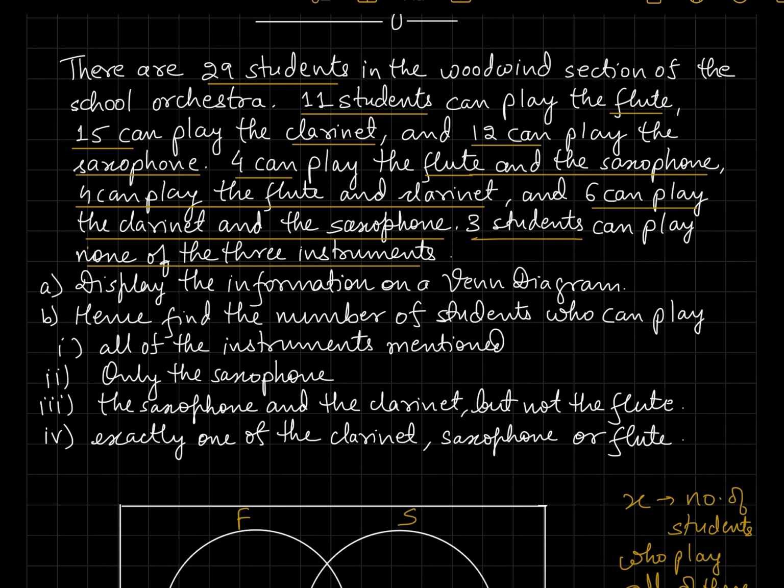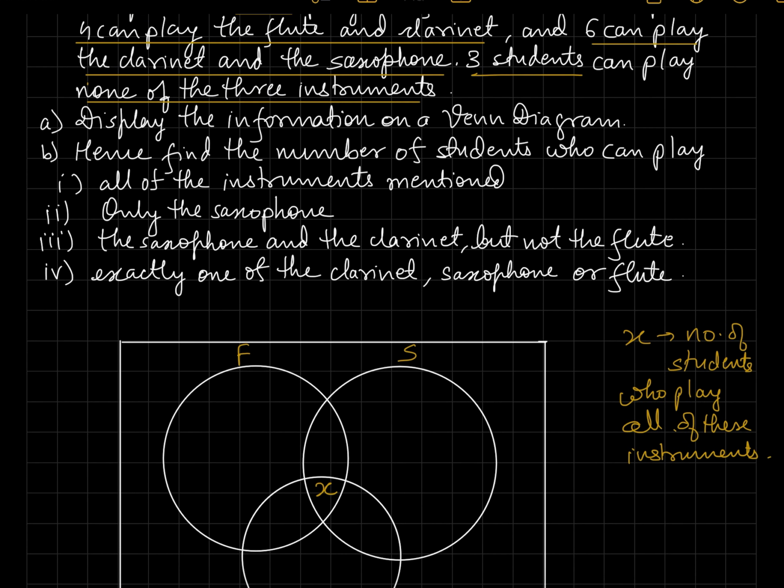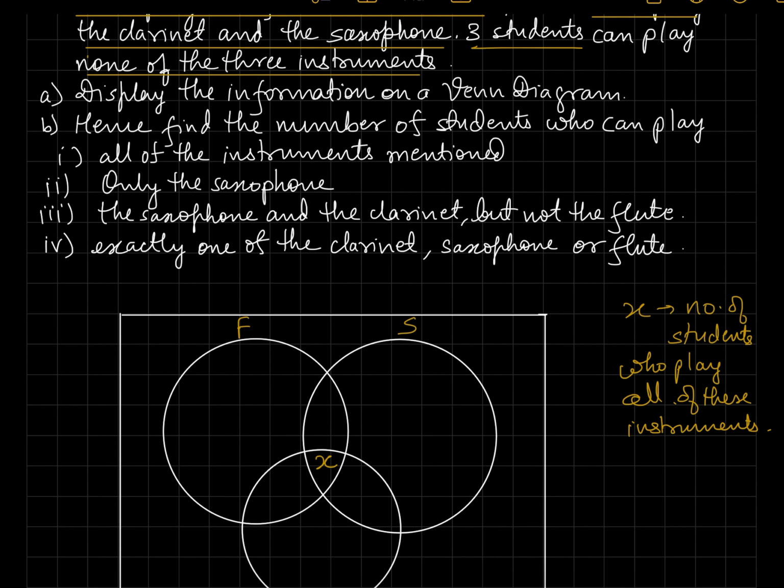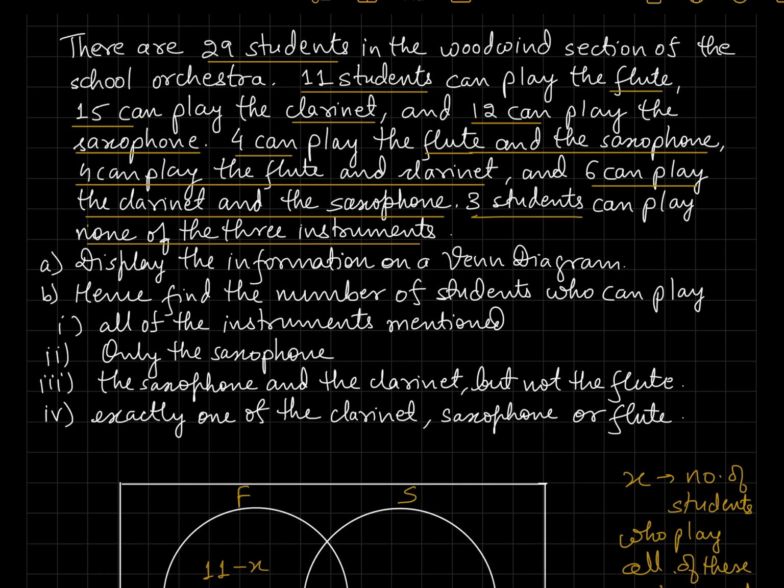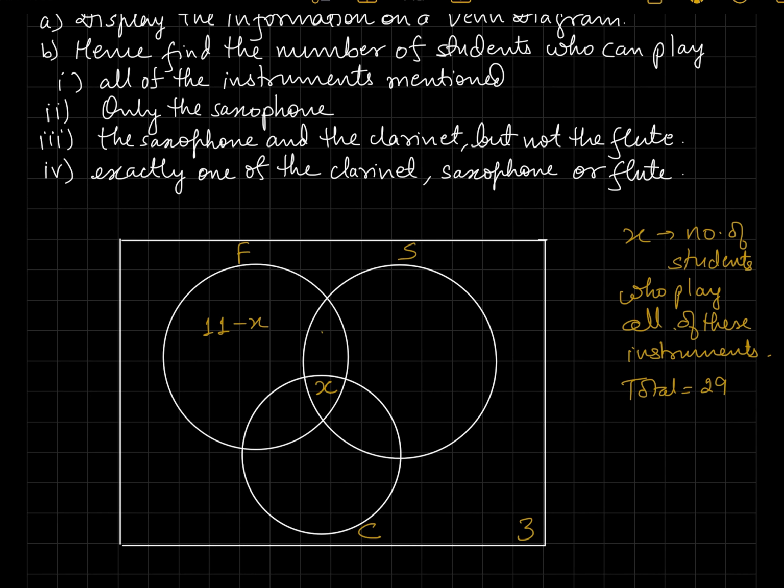Now, 11 students can play the flute, so total 11 can play the flute. The total is 29, we have to keep in mind. 11 students can play the flute, but then this x is there, so there would be minus x. And 4 can play flute and saxophone, so it would be 4 minus x here, and from here also it will be 4 minus x.